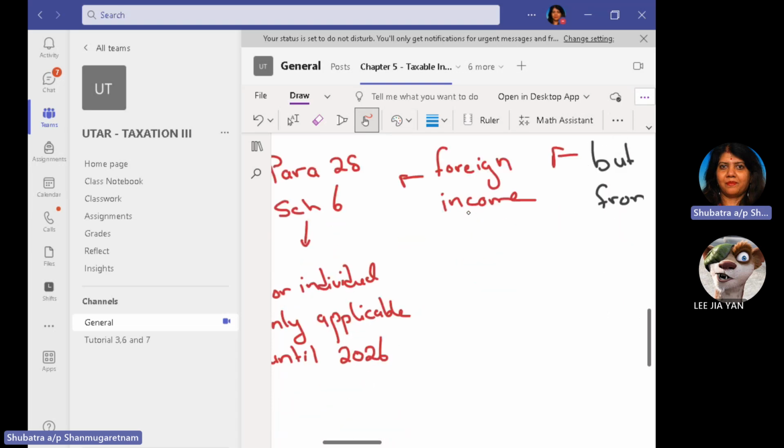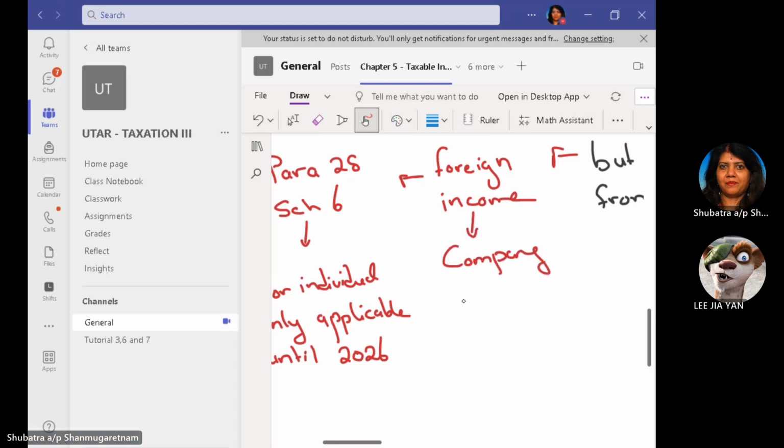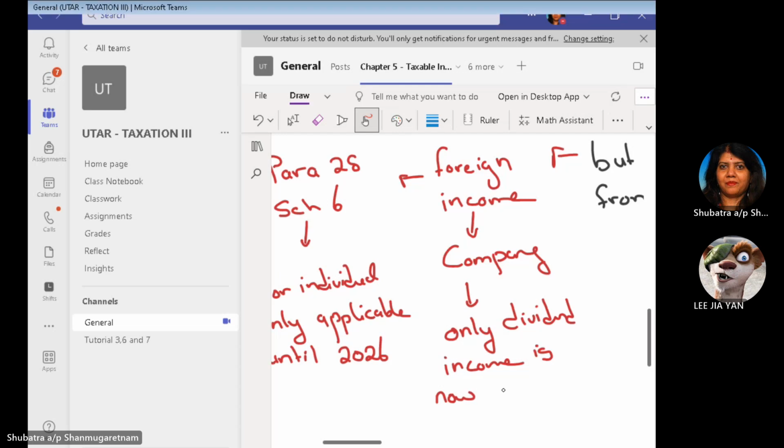Now, please remember, foreign income for individuals is 2026. For companies, only dividend income is now exempted.